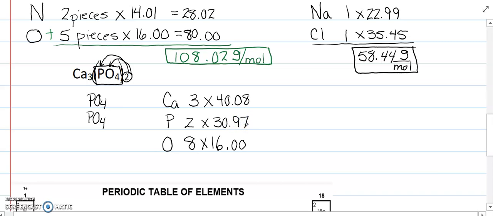And I can do this as one calculation. I don't have to separate this out in my calculator.